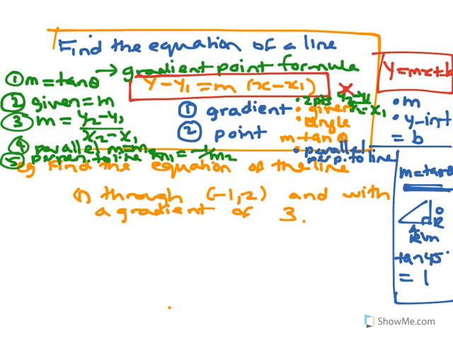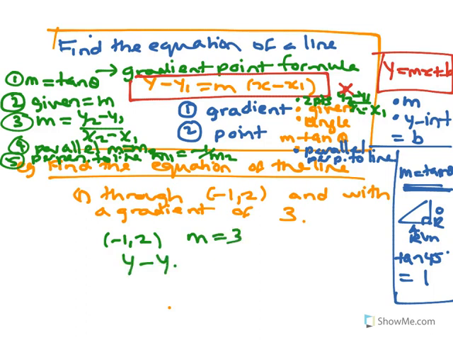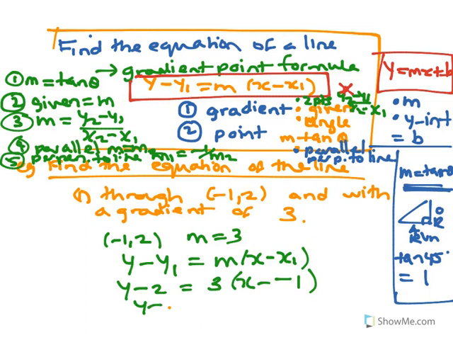So if we look at this one here, find the equation of the line through the point minus 1, 2, and with the gradient of 3. So you just put it into your equation. Y minus y1 equals m(x minus x1). So y minus 2 equals 3(x minus minus 1). Y minus 2 equals 3x plus 3.